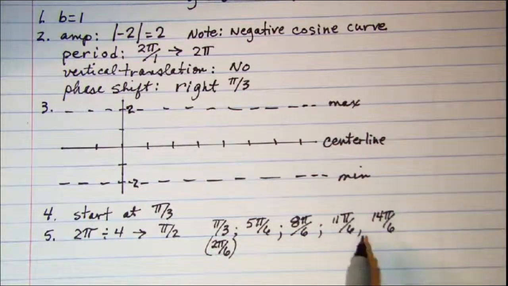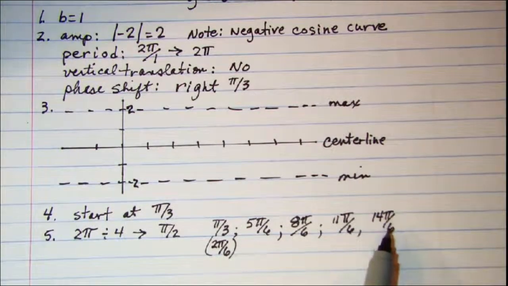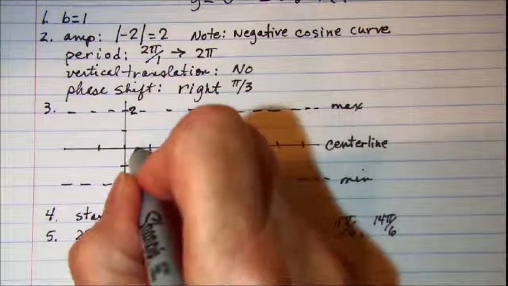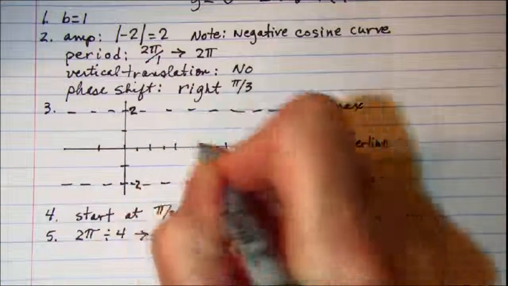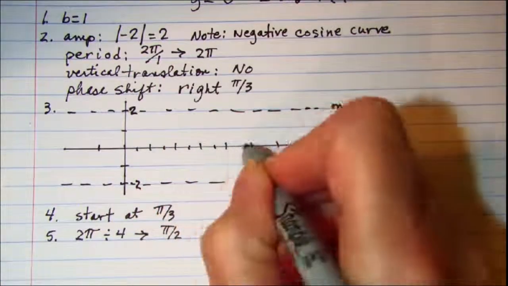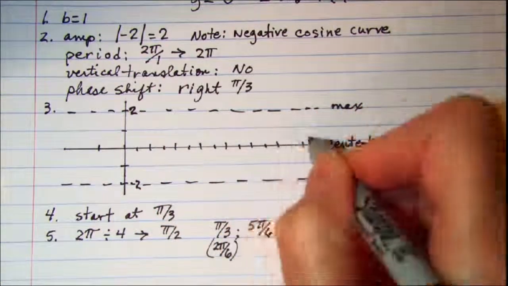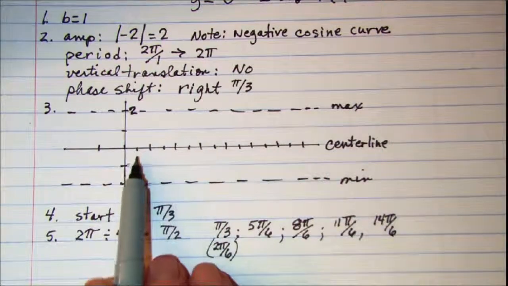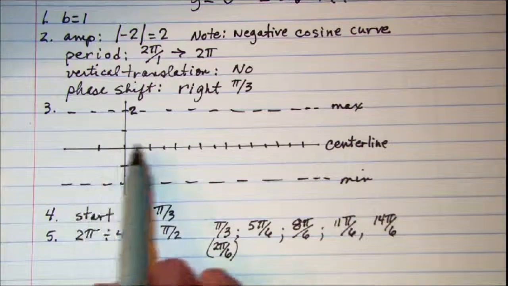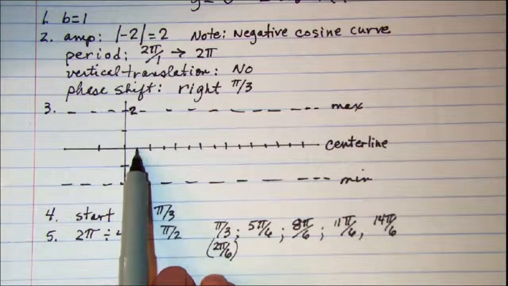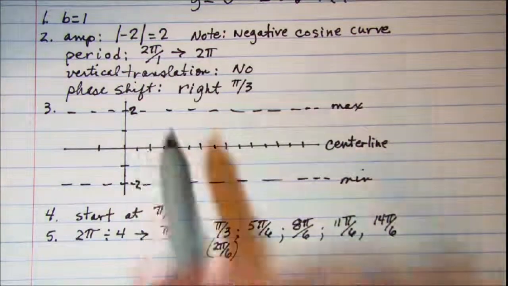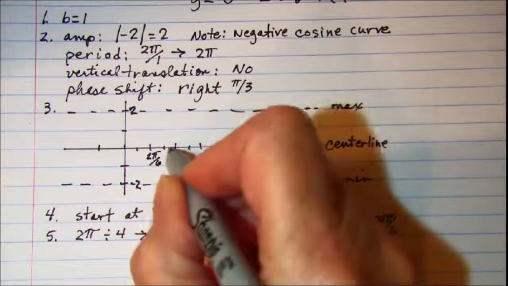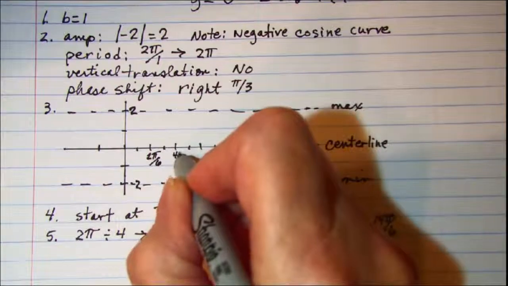So we're going to need to go up as high as 14 pi over 6. So if I make each of these halfway marks sixths, this is 1 pi over 6. This is 2 pi over 6. 3 pi over 6, 4 pi over 6.